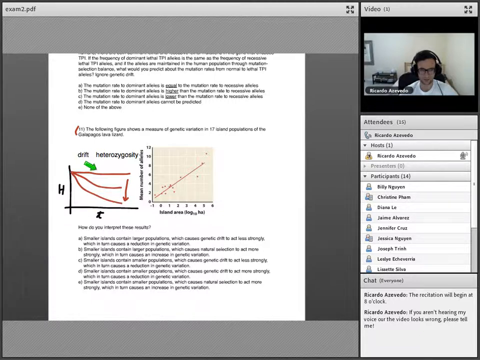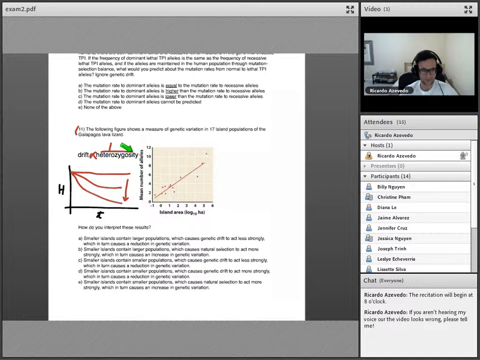This trajectory is the largest population, the middle one is a mid-size, and the lower one is the smallest population. As you can see, as population size decreases, heterozygosity reduces as well. And as we know, the strength of drift is inversely proportional to population size. So the relationship should be an inverse relationship, right?